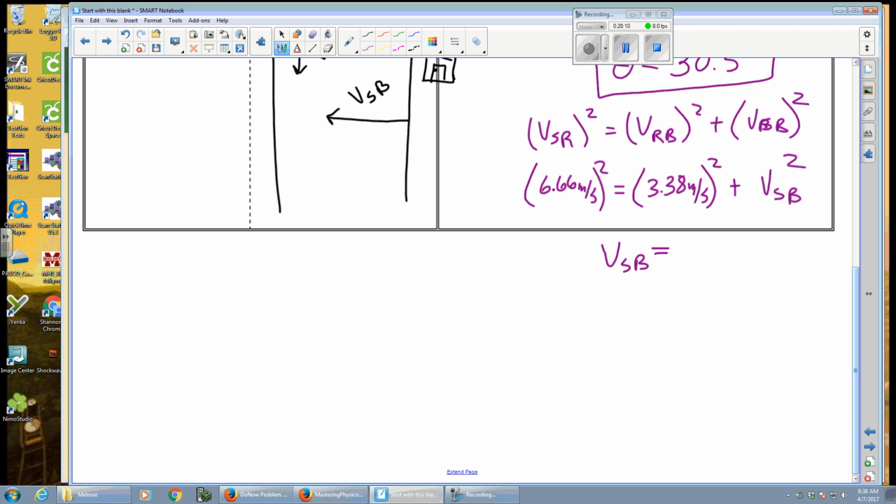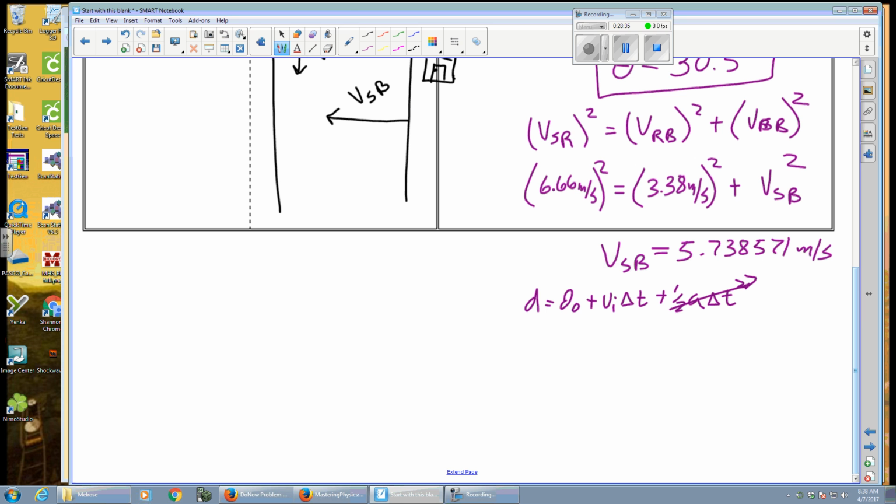That makes more sense. And now I can use that D equals D naught plus V initial delta T plus 1/2 a delta T squared.